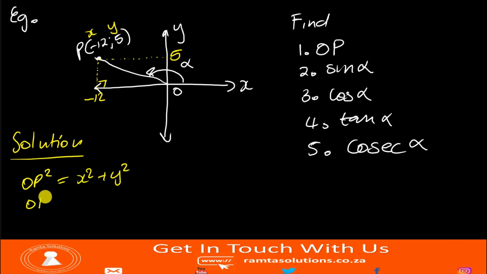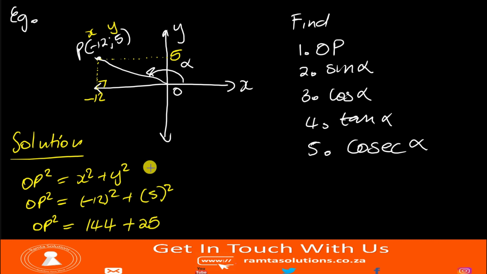What is x? X is -12. What is y? Y is 5. Of course, 5 squared. So OP squared is 169. Let me not rush it: this is 144 plus 25.